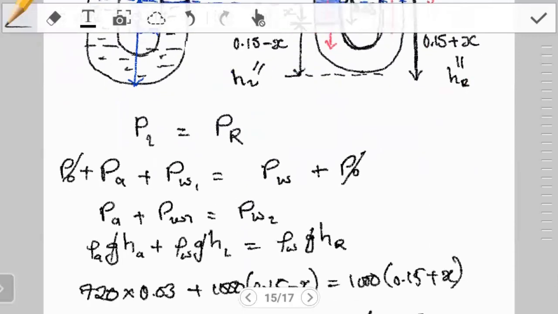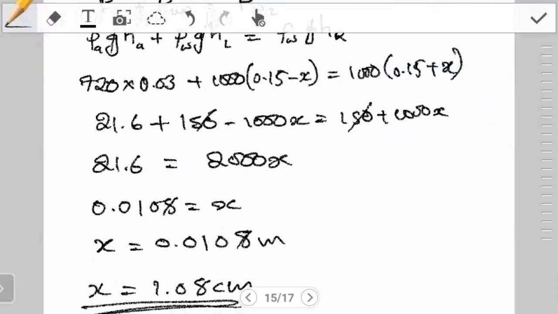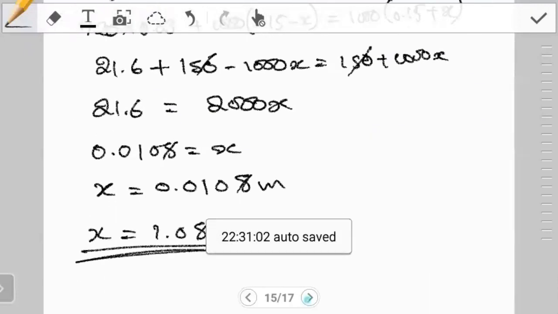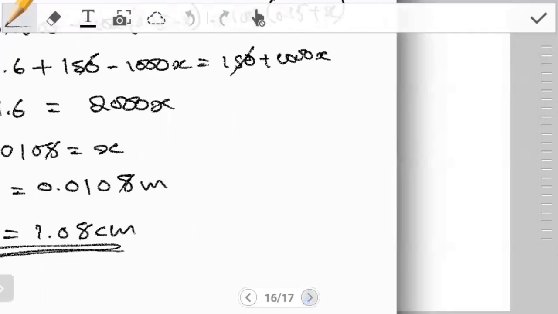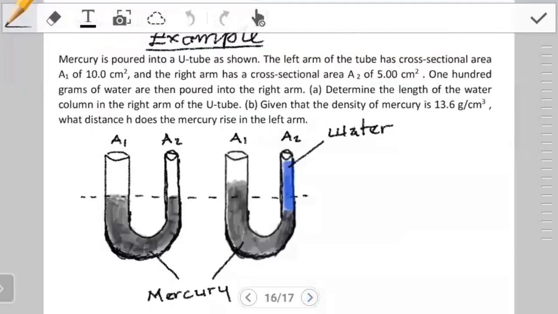Okay, so with that in mind, I'll leave you guys with one question. It's a little bit tricky, but I'll ask you guys to just try to think it through. You guys can take a look at this, attempt it. The major difference here is the cross-sectional area. On the left-hand side, A1 is larger than A2 on the right-hand side.